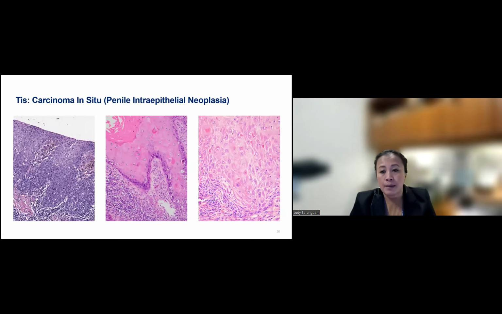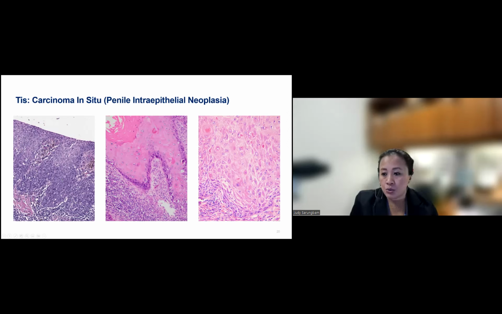So these are some examples of the different stages of penile tumors. This is a tumor with representation of a carcinoma in situ, also known as penile intraepithelial neoplasia. This is a tumor which is limited to the surface. This one is an example of a basaloid or HPV-associated penile intraepithelial neoplasia.